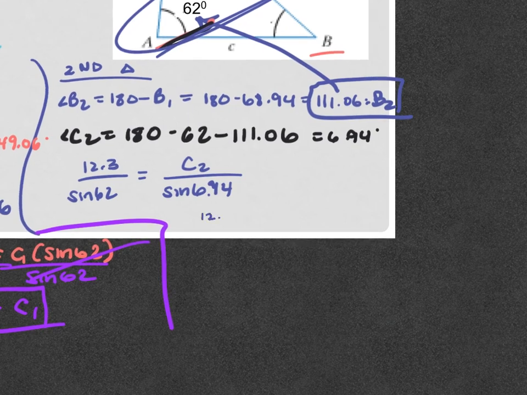Cross multiply, and divide. So 12.3 sine 6.94 divided by sine 62.